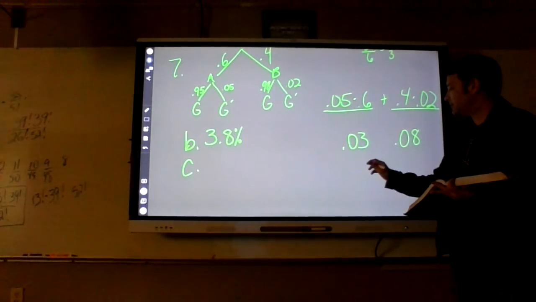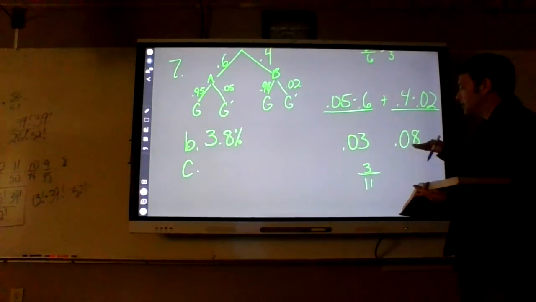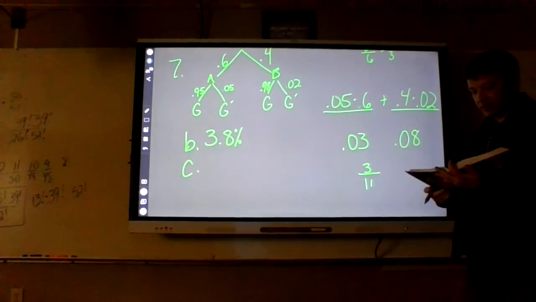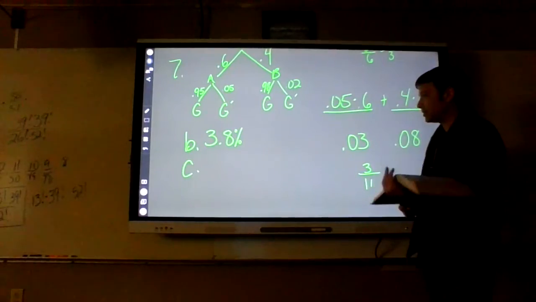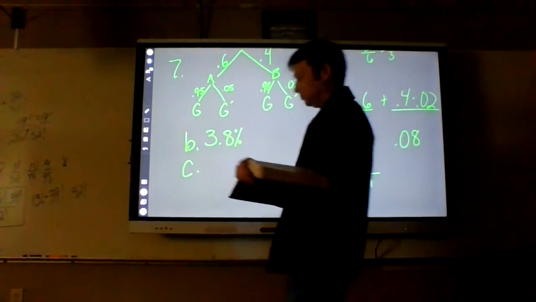That's basically 3 out of 11 if you add them together. What's 3 out of 11 as a decimal? 0.27 repeating.